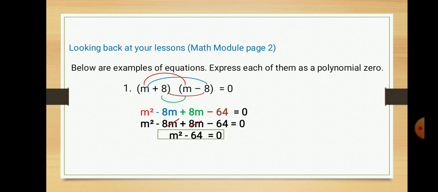So we can now simplify. Bring down m squared. Then 8m plus 8m, since they are unlike signs, we can cancel them because it is equivalent to 0. Minus 64 equals 0. So the final answer is m squared minus 64 equals 0.